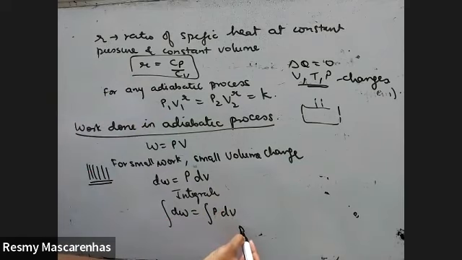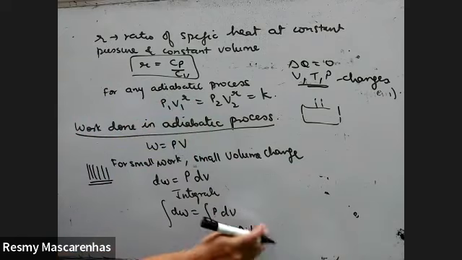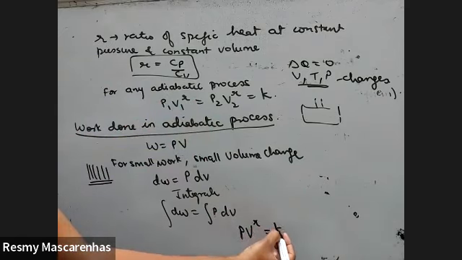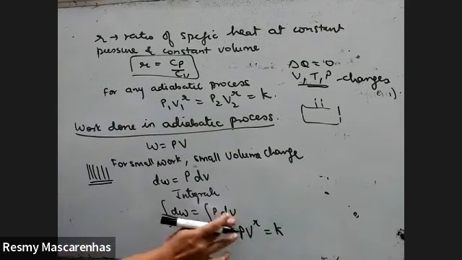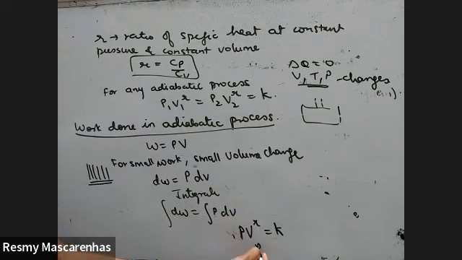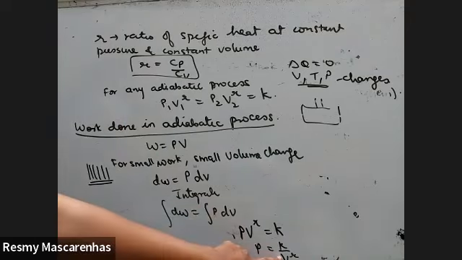So now for an adiabatic process, we have just seen the relation between P and V: P V raised to r equals constant. Constant means K. So what will P be? K upon V raised to r. So instead of P, now just put this. K is a constant.